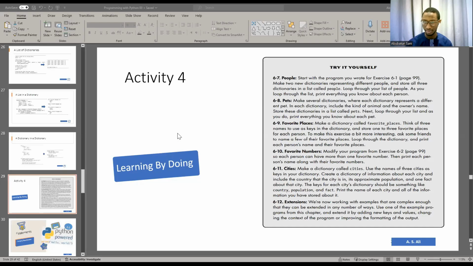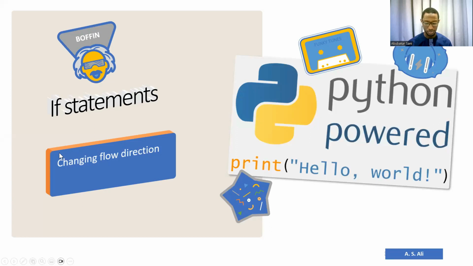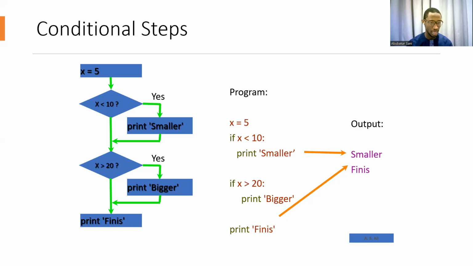Okay, now we will move to the next part, which is if statements. We've seen how the for loop works with the list, with the dictionaries, and today we're going to look at the if statement. How does the if statement work?